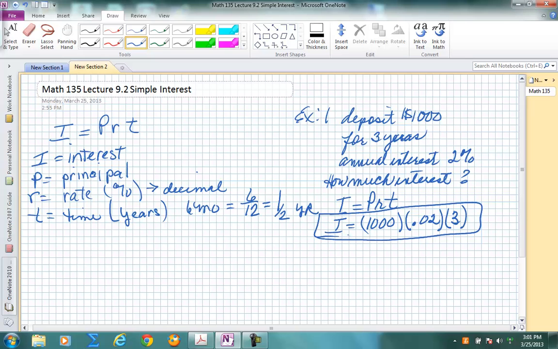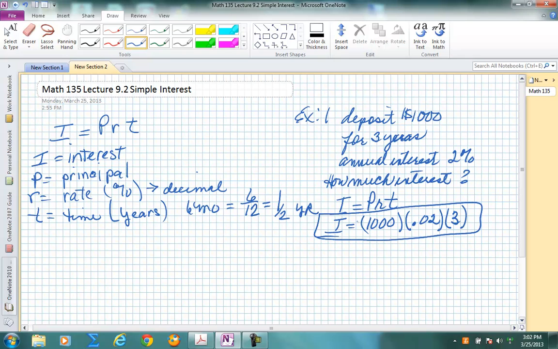Well, let's say that we want to know the amount of money we would get back. So there's another formula that would save us an extra step. We would multiply this out and add it back onto 1,000 to see how much money we would have after 3 years.